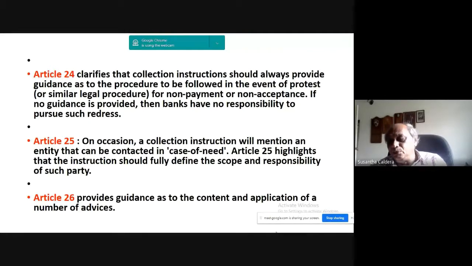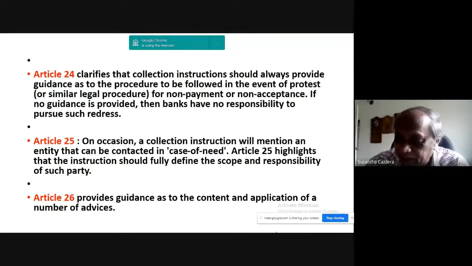In the sense they have not come to the bank. It's a sight bill. We are informing them, they are not coming. So, as per the collection instructions, we inform Mr. M.J. Pereira, you are the case of need, and the drawee has not come to collect the documents.